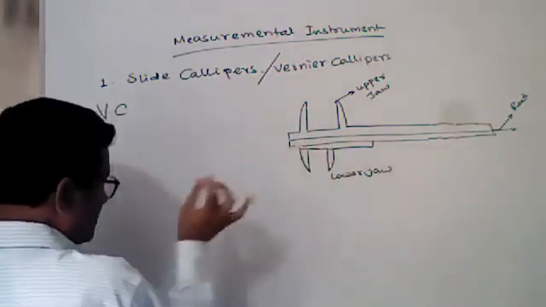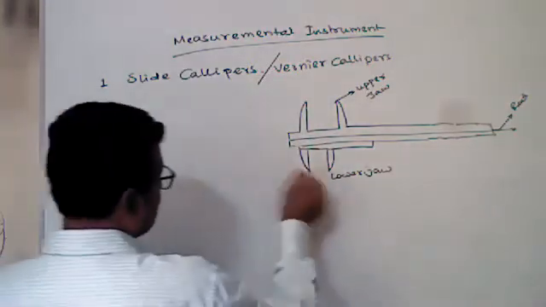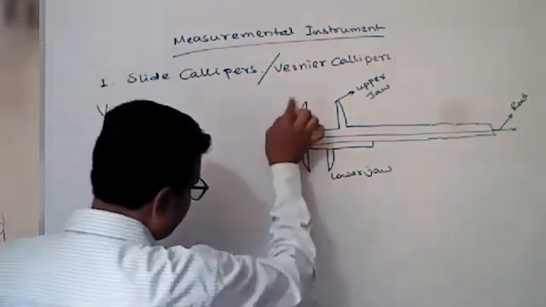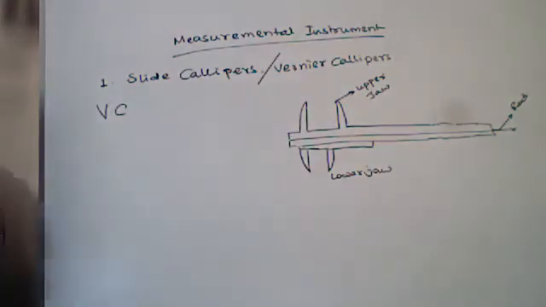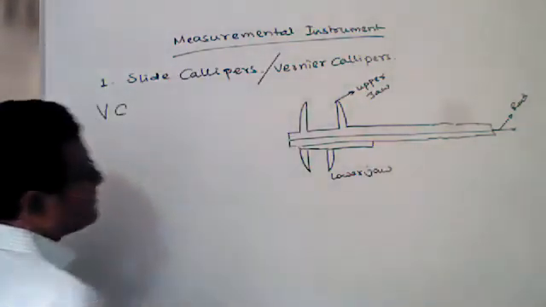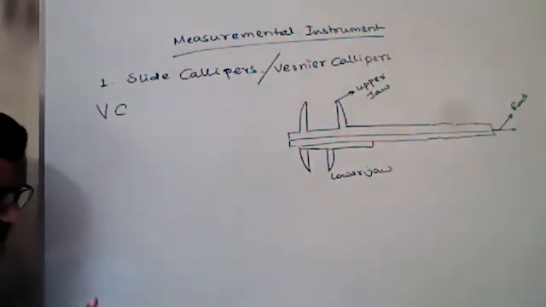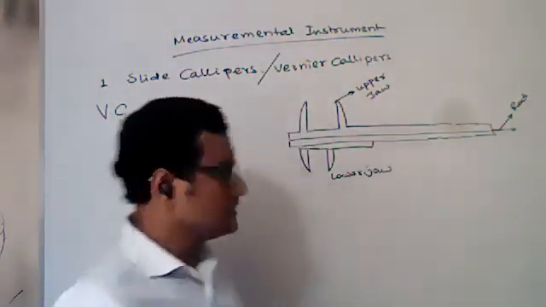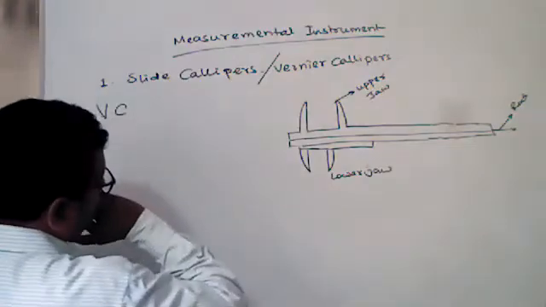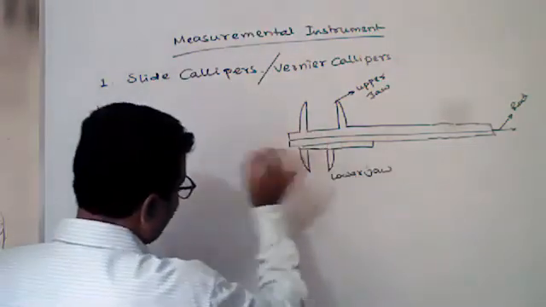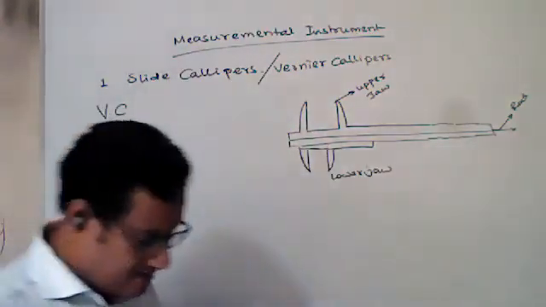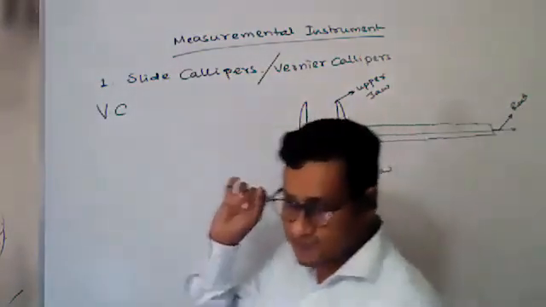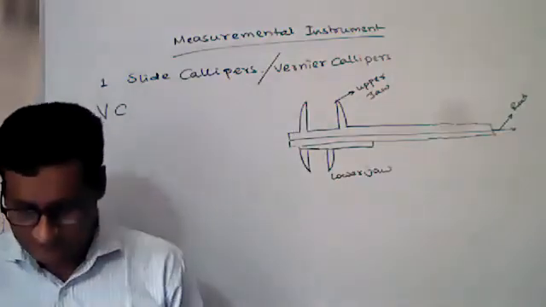If the two parts of the lower jaws coincide with each other, then the zero division of the main scale and the zero division of the Vernier scale coincide. So we consider there is no error here. But the smallest division of the Vernier scale and the smallest division of the main scale are not equal.